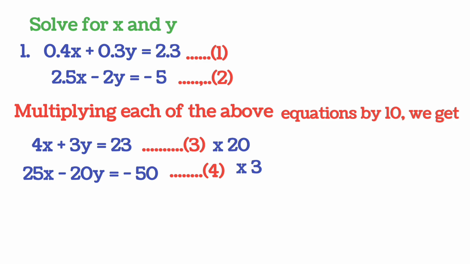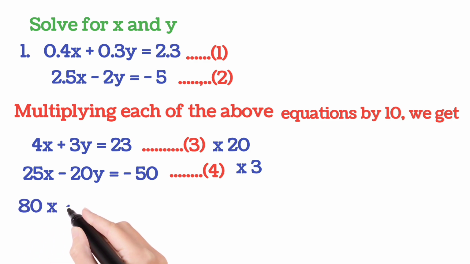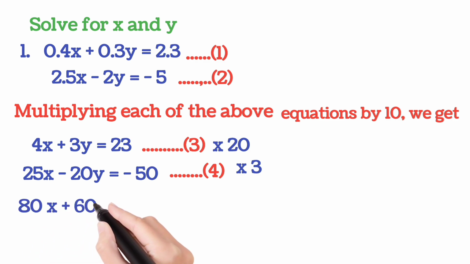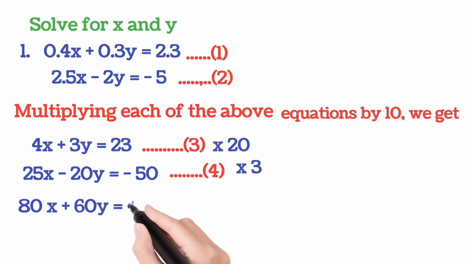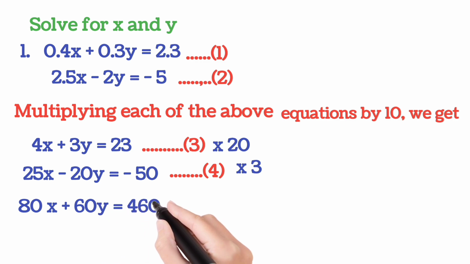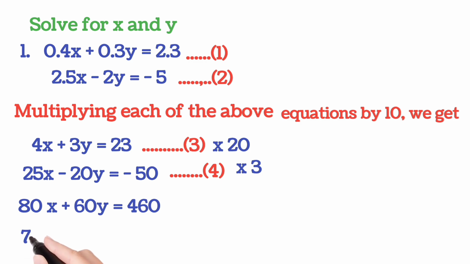So what are we getting, you see? 4 into 20, we will get 80x, and 3 into 20, so plus 60y equals 23 into 20, so 460. Okay.